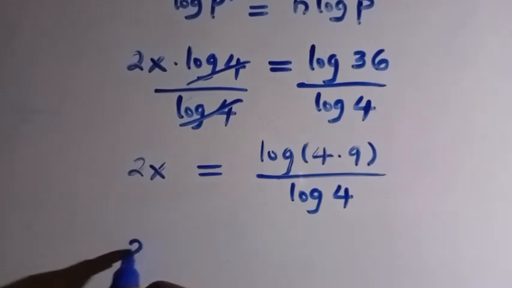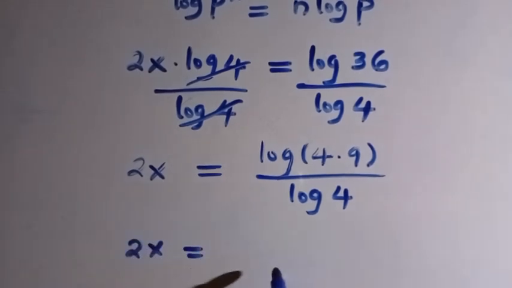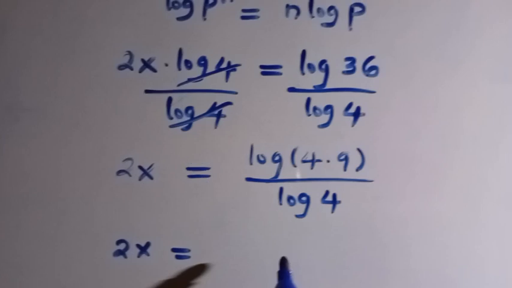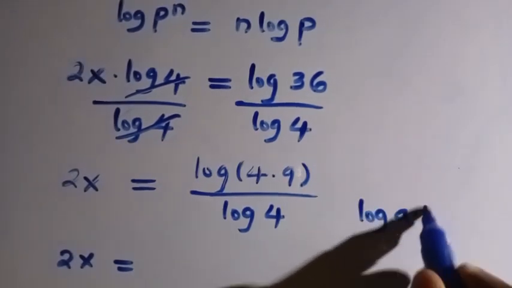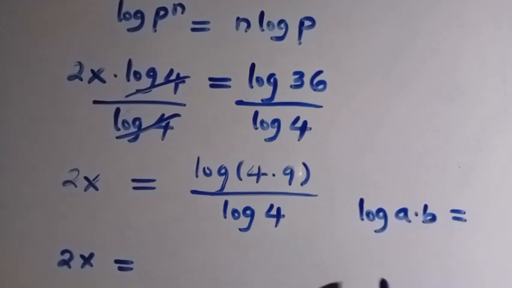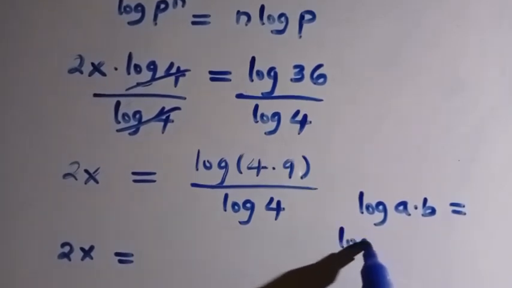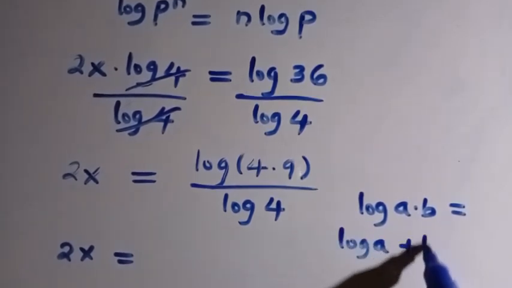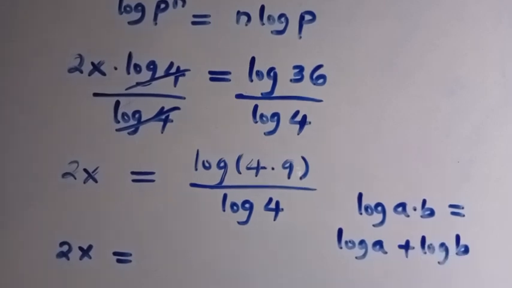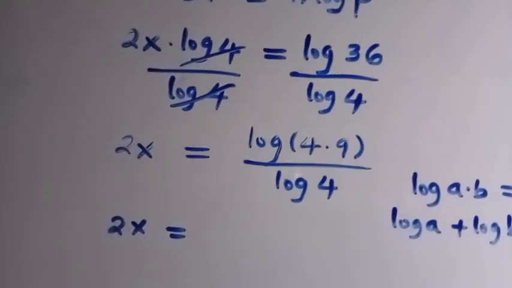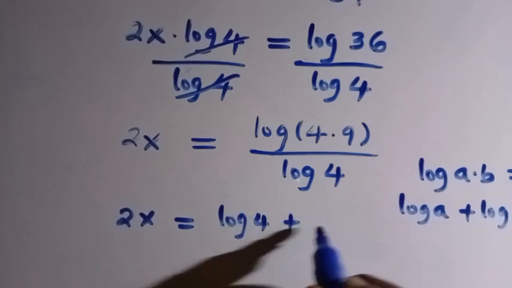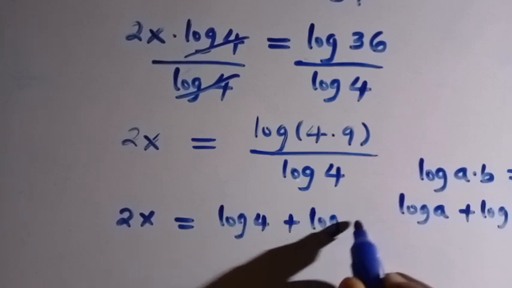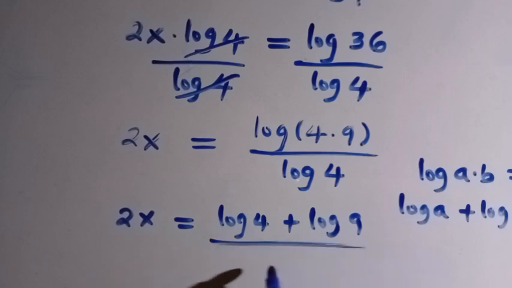So in the next step we have 2x equals, so we have to apply the rule of logarithm here. If you have log a multiplied by b, this equals log a plus log b. So therefore we have log 4 plus log 9 divided by log 4.